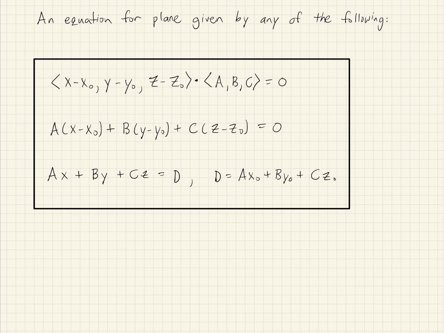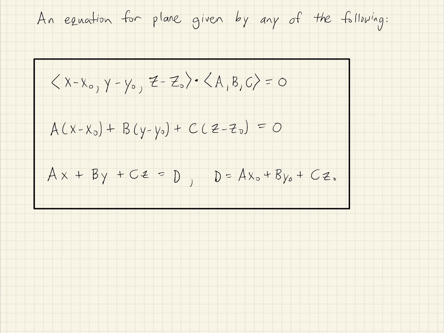The second equation is what we get when we actually carry out that dot product. When we dot, what are we doing? Well, we take the first entry here, and we multiply it by the first entry there. Then we add to that the second entry times the second entry, and then add to that the third times the third, and that gives us these three expressions here. Now notice that all I've done is turn things around.